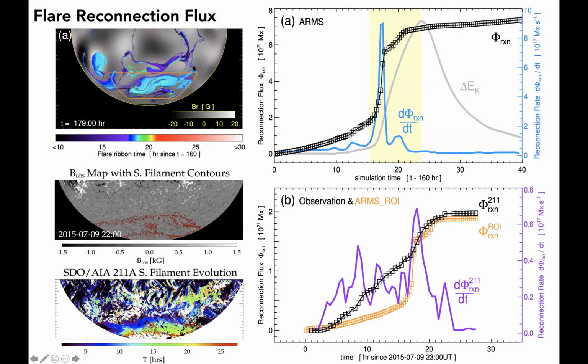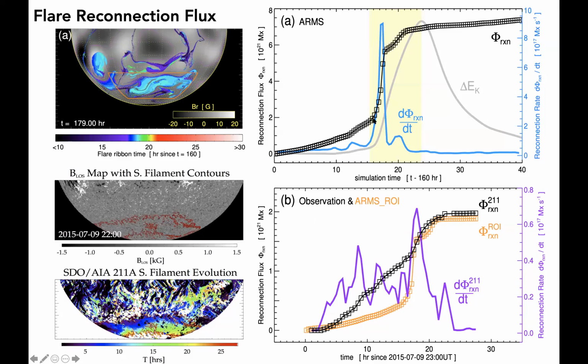And so just for fun, we said, okay, well, what if we just take this orange region over the main part of the polarity inversion line and look at the flux evolution here. And so that's the orange ROI, region of interest, here. And so you can say this is actually surprisingly good at reproducing our observational estimate. I mean, this region has 2 times 10 to the 21 Maxwells worth of flux reconnected.